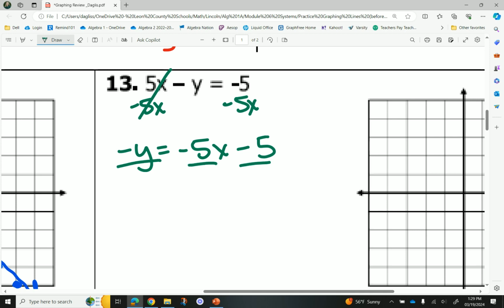Divide everything by negative 1. So I get y equals... Stay with me. Negative 5 over negative 1 gives me a positive 5x. And then negative 5 over negative 1 gives me a positive 5 on the end.